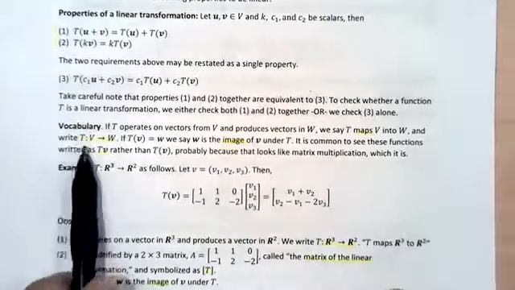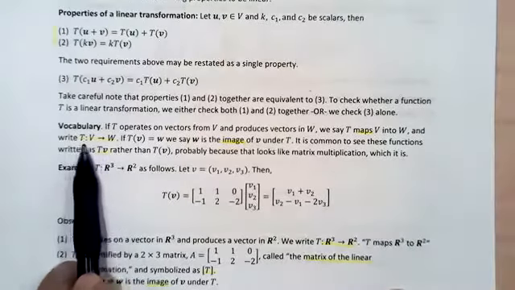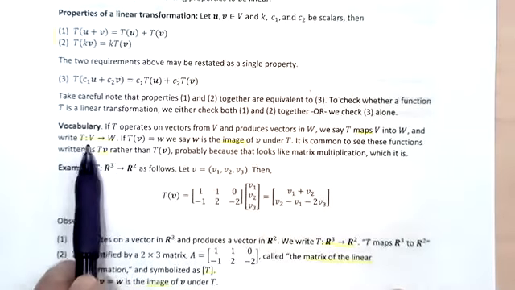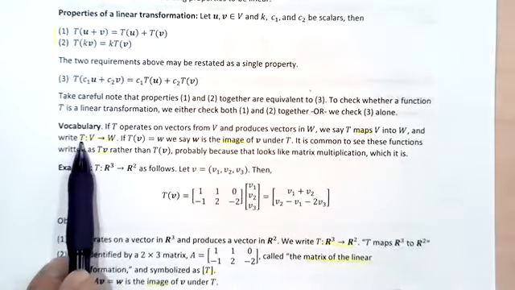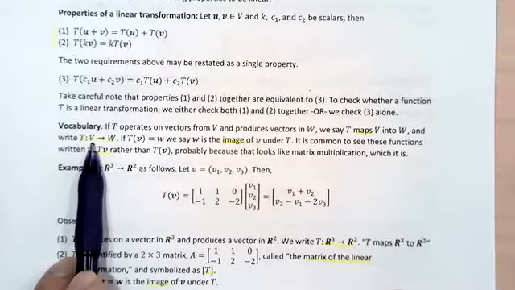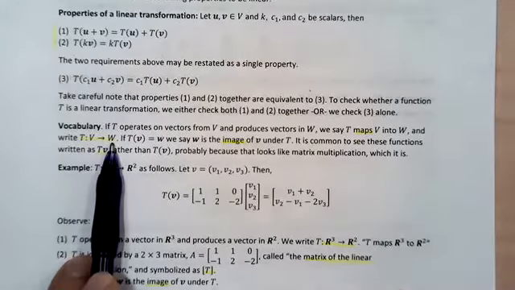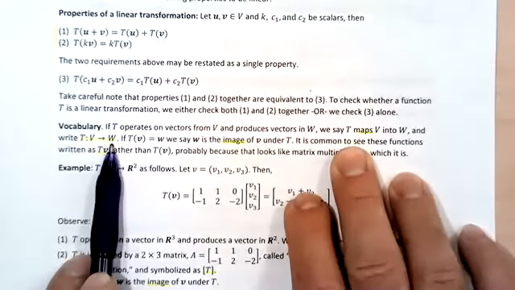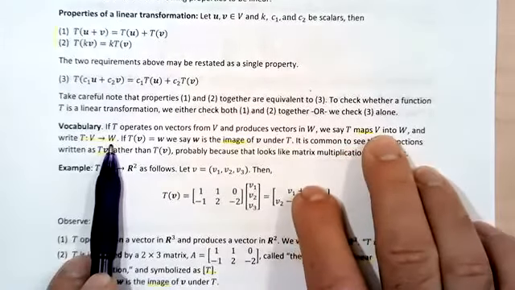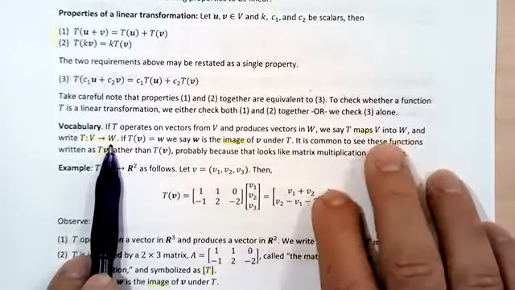So if we write this kind of a symbol right here, T: V arrow W, that means this. T is a linear transformation that takes a vector in V and produces a vector in W. But that's not what a mathematician would say. He or she would say T maps V into W.